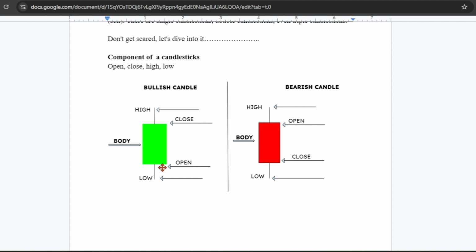For a bullish candlestick, because we expect that the market wants to push higher, the starting point has to be at the bottom. So we have the candlestick open at this bottom. Then we push higher and close at the top.